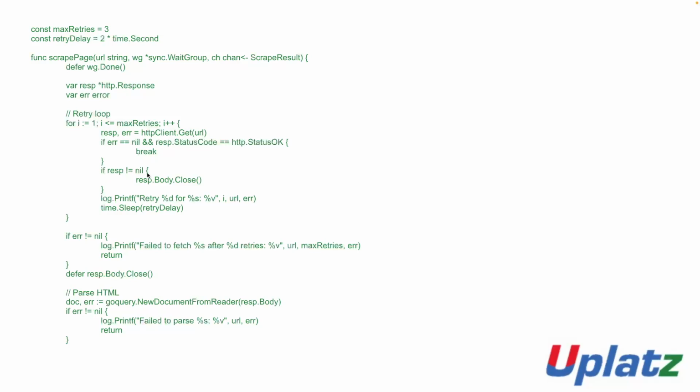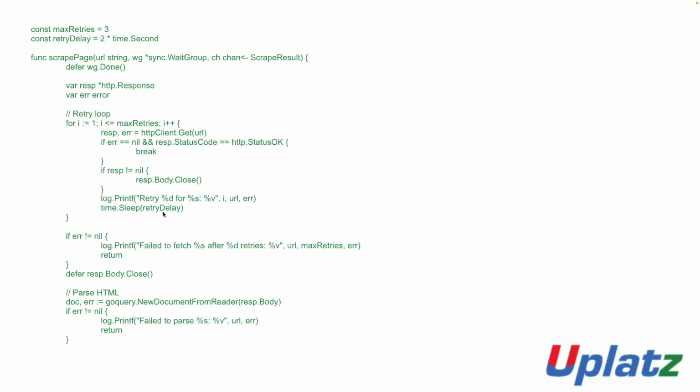If the response is not equal to nil, then close the response body. Then log.Printf the retry: how many times, first, second or third time, the URL, and the error.